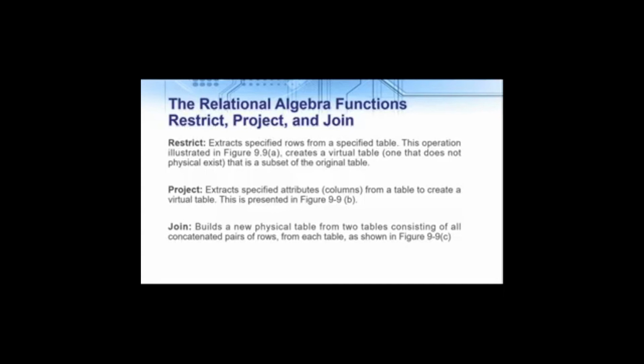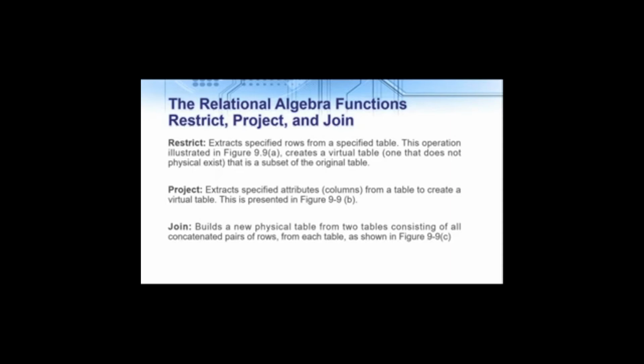It creates a virtual table, or one that does not physically exist, that is a subset of the original table. Project extracts specified attributes or columns from a table to create a virtual table. This is presented in figure 9-9b.